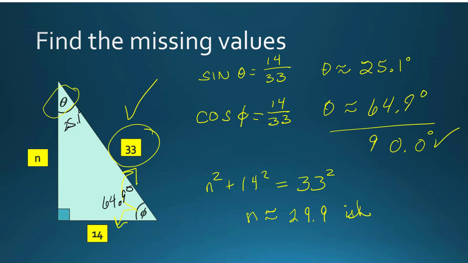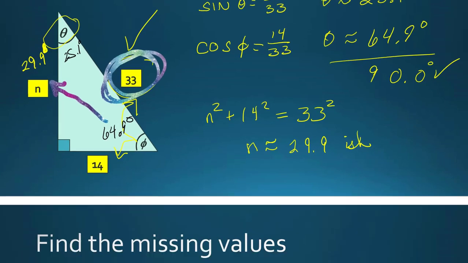That's another thing you can do to check. If this is 29.9, not degrees, it's opposite the big angle, so it's the bigger side. It's a bigger number, but it's not as big as the hypotenuse, so you know that smells decent. I always wondered why people smelled math.